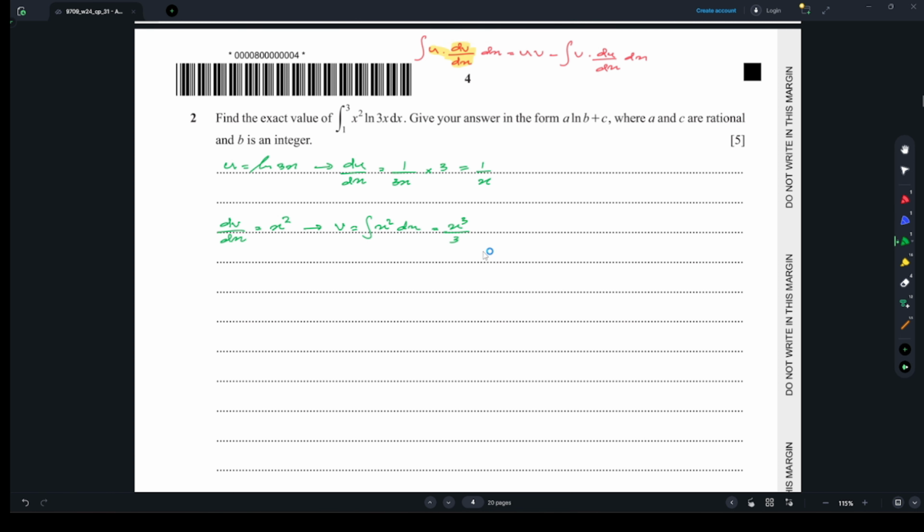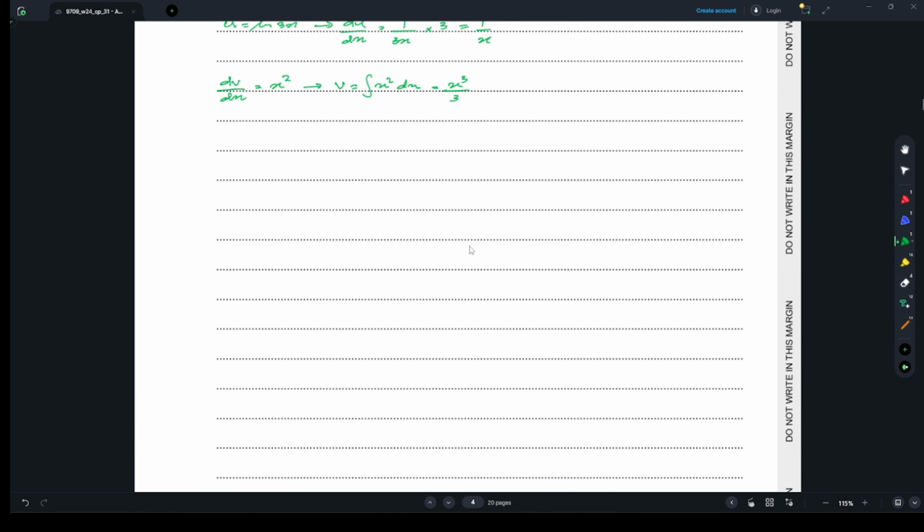So now what you have to do is just substitute that into integration by parts. It's better to write it down: the integral of u dv over dx equals uv minus the integral of v du over dx.